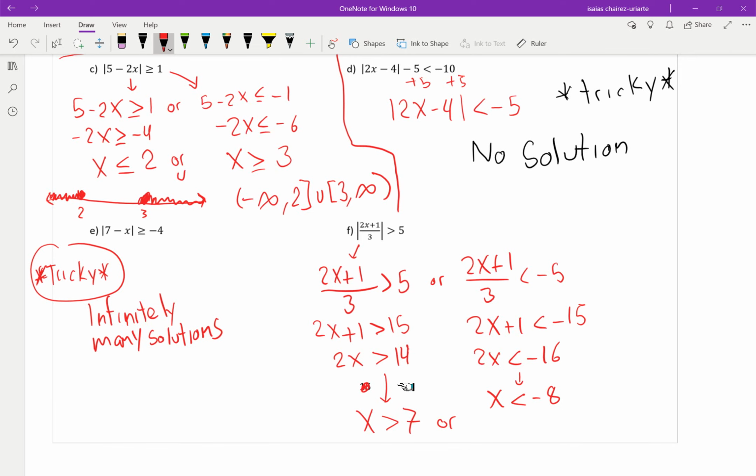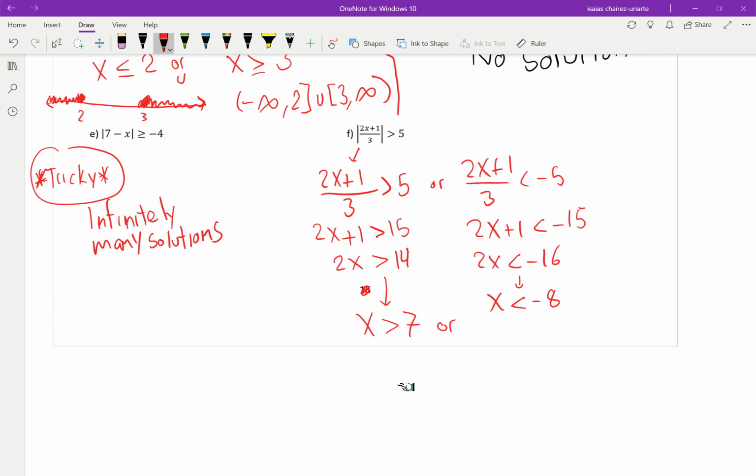Now let me look at the solution set as a number line. I'll pretend that 7 is right there, and I'll pretend that negative 8 is over here. I'm going to have these little gaps here because right now I'm dealing with strict inequalities.